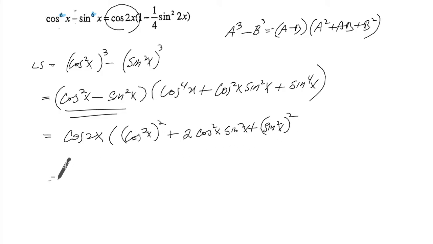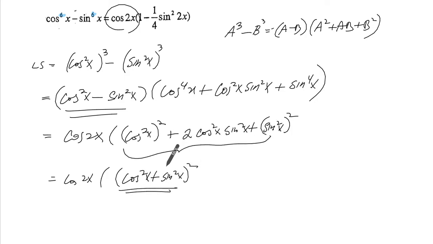It's going to become cosine squared x plus sine squared x, all squared. If you expand this, we'll get this exactly. But that's not what we have. We do have these two, but this here is 1 more than this.